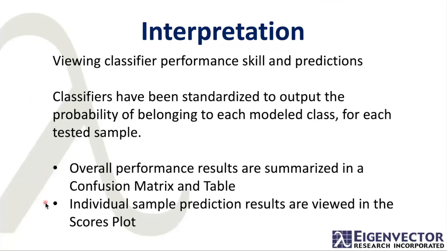An important point that I think Neil mentioned already is that all of our classifiers are enabled to produce a probability for a sample belonging to each class. That probability output is very convenient to have, both because it's useful, but also because it makes it easy to compare between methods, as opposed to having different output for each method, whether it's based on a threshold, and KNN was an example of that.